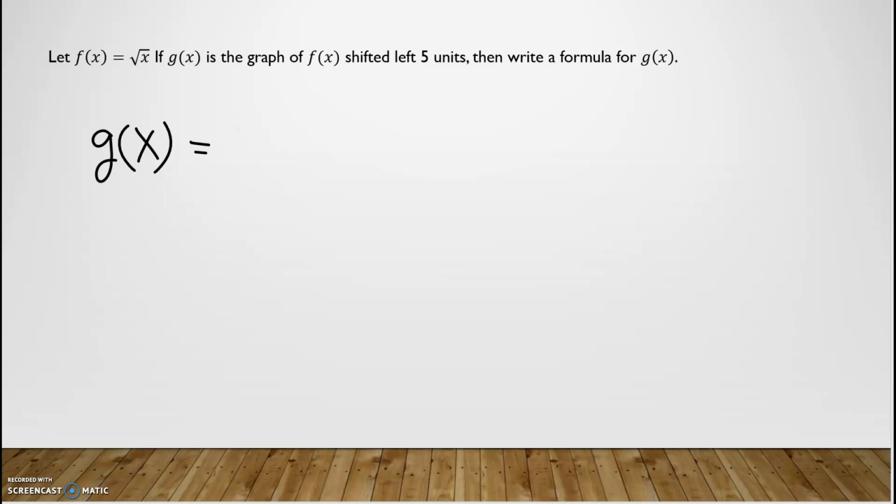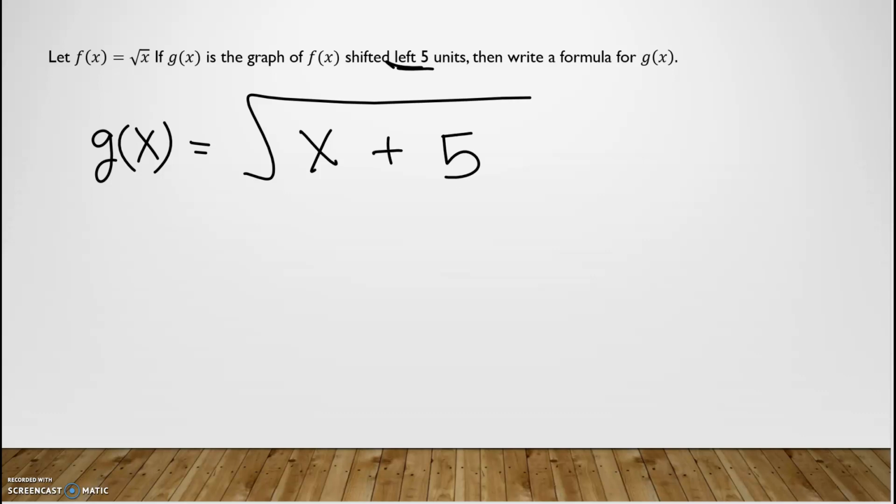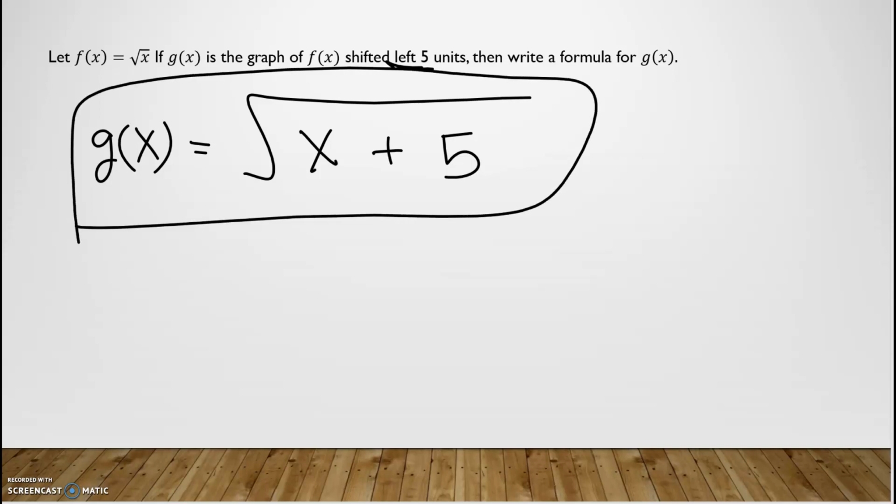You can't just say it's this right here or this right here. It has to be within the function. So this is going to be the square root of x and then something with 5. Now since we're going to the left, this is going to be a positive.